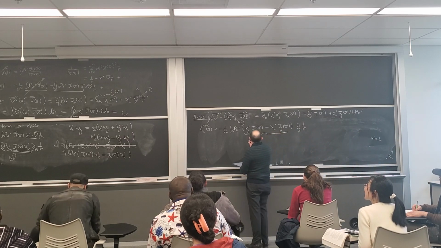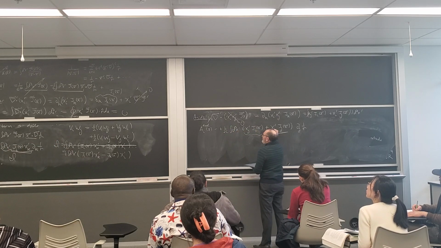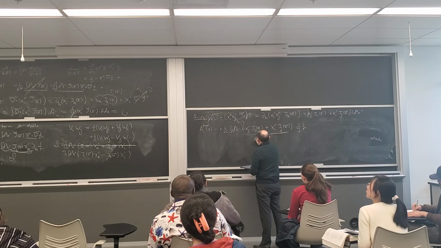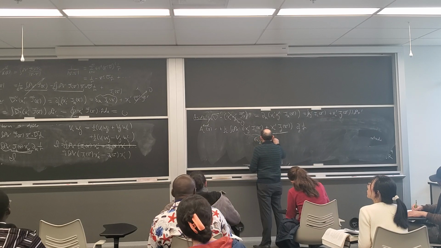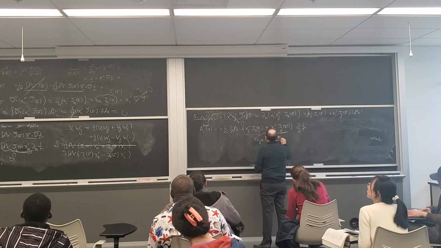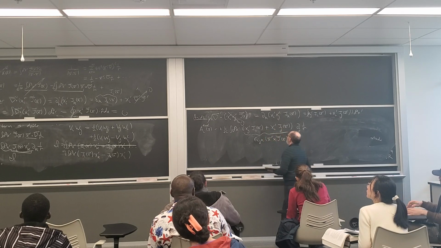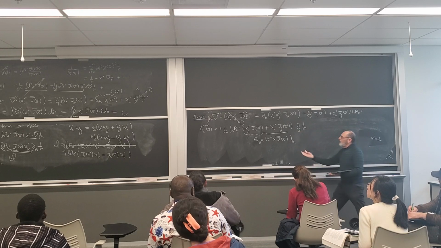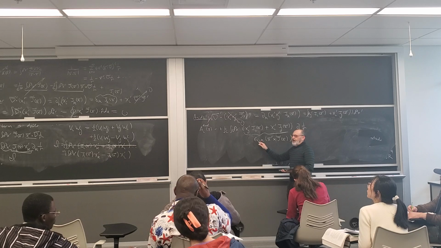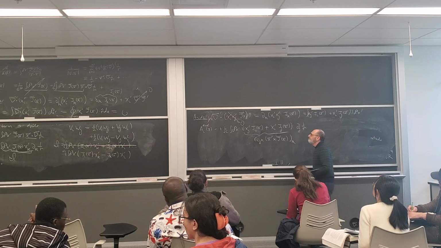If I put this guy there, then I know I got it right. Then it's this minus sign. This is equal to epsilon ijk. Epsilon jik versus epsilon ijk, there's a minus sign.